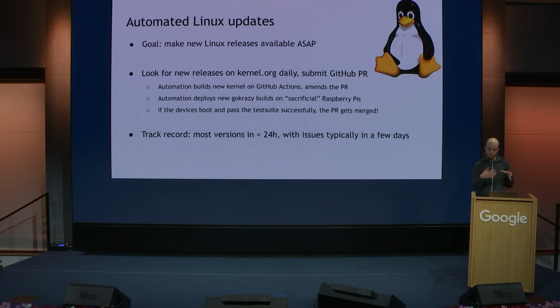This time, the already built kernel will be installed on a couple of sacrificial Raspberry Pis, where if they break, it's no big deal. I'm just going to fix them and unstuck the problem. And if these devices successfully boot with the new image and they pass the on-device test suite successfully, then the pull request gets merged automatically.